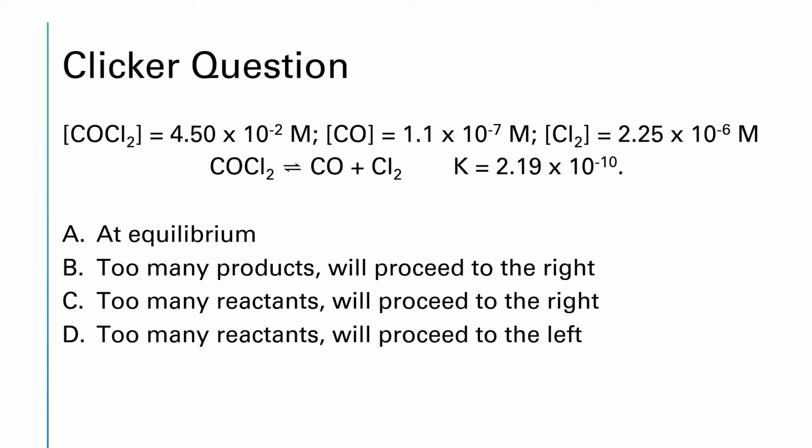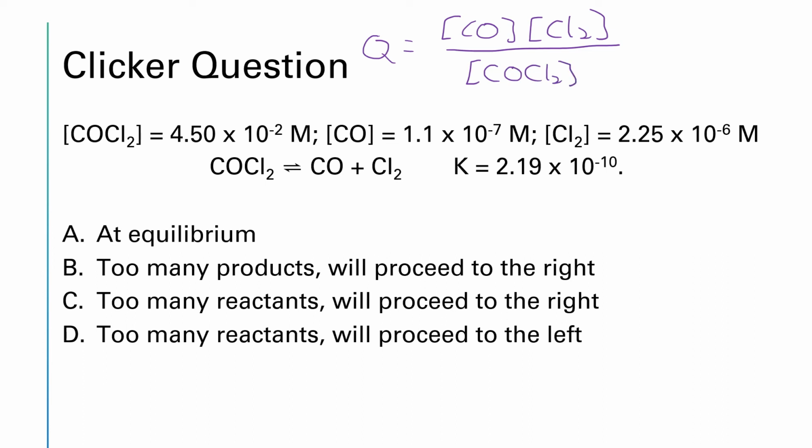Okay, let's see what we get here for Q. Q is going to be equal to our products over the reactants. So we'll have CO times Cl2 divided by COCl2. Let's see, I'm going to run out of room to put numbers in here, so I'm gonna jump down to the very bottom.